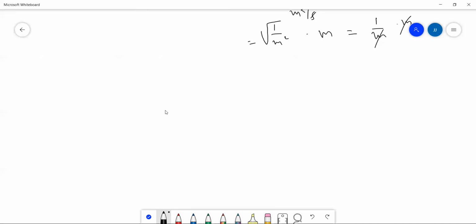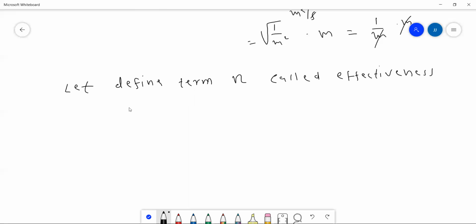Here let's define a term eta. Define the term eta, called the effectiveness factor, right?